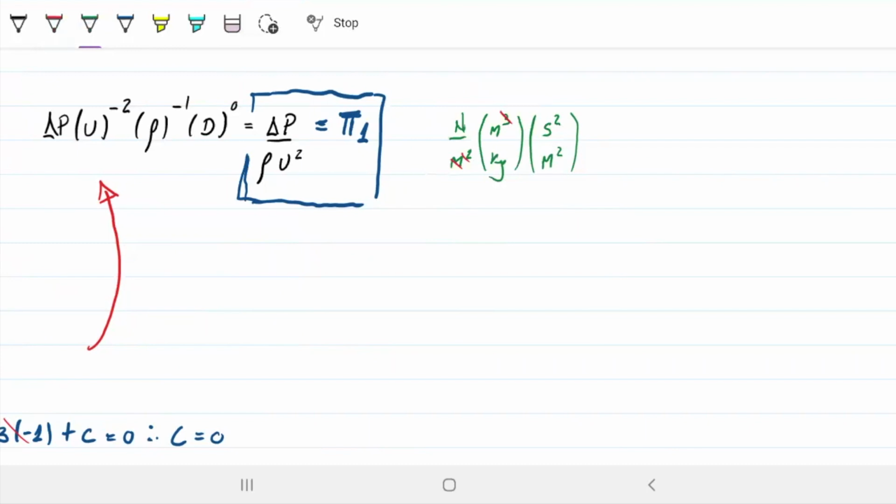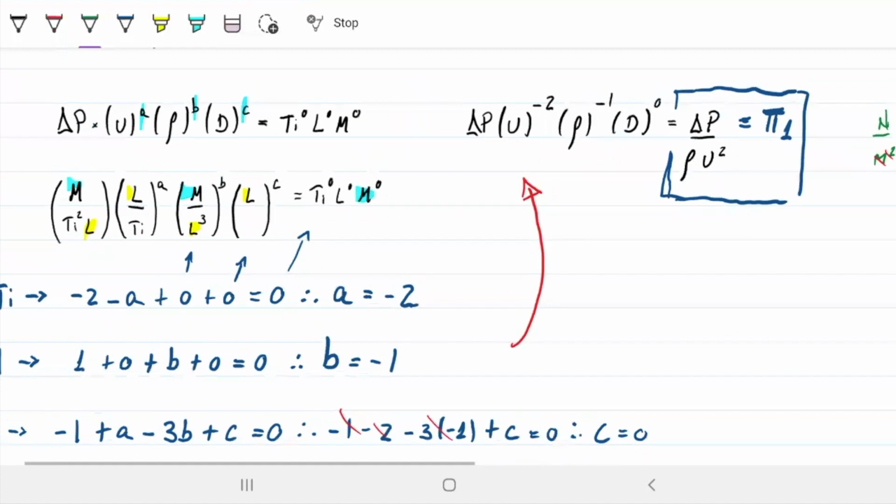And then we can break our newtons back into kilograms times meters per second squared. And we're going to be left with meters over kilograms over here, and then second squared and meters squared over here. So kilograms, kilograms, meters, meters with these two meters, second squared with second squared. So indeed, the number we just created is dimensionless, that first pi group there.